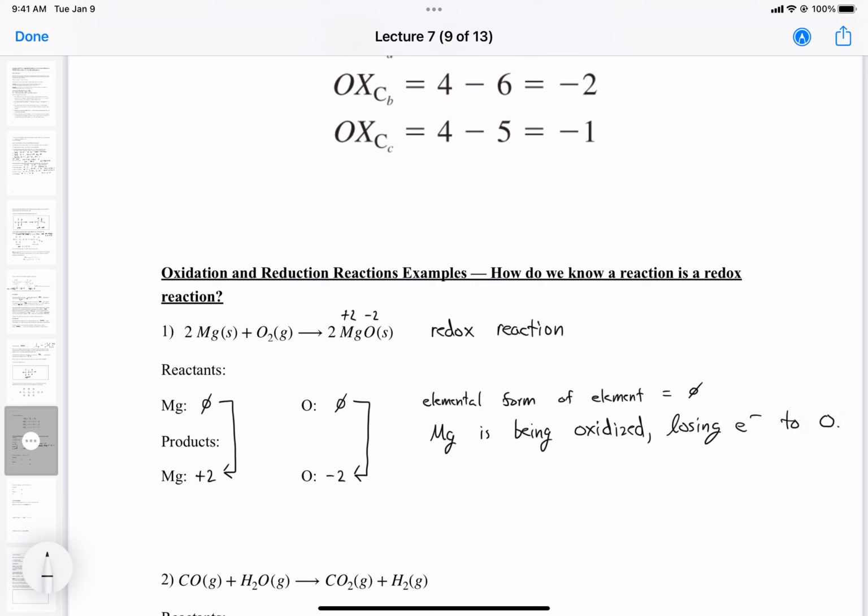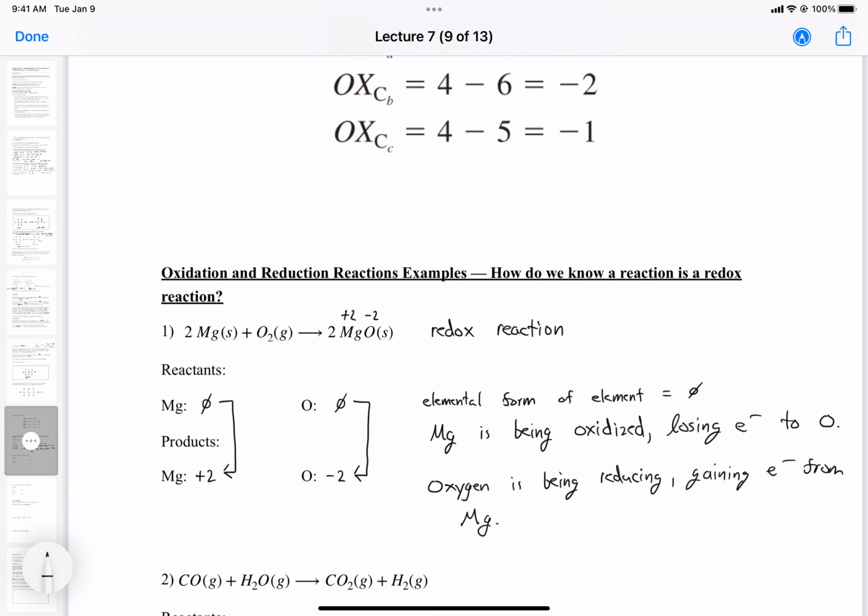And then oxygen is being reduced. So it's gaining electrons from magnesium.